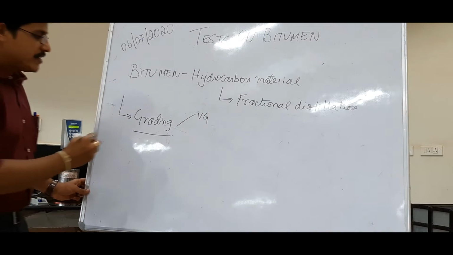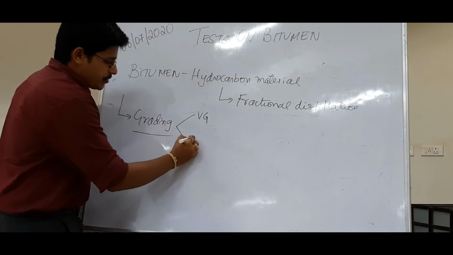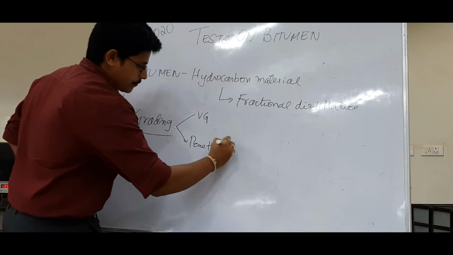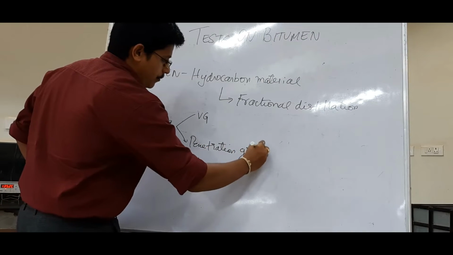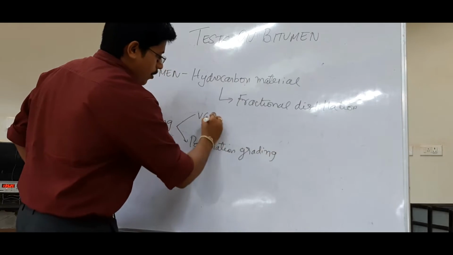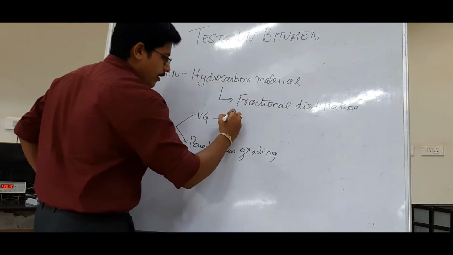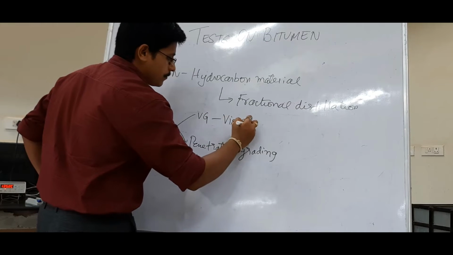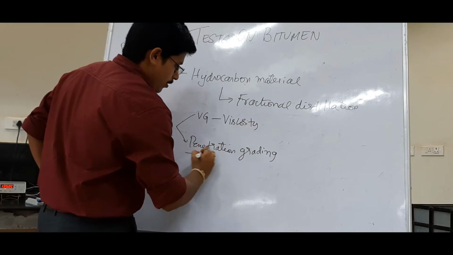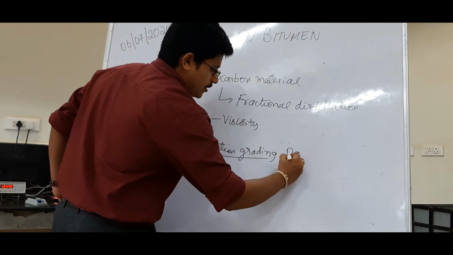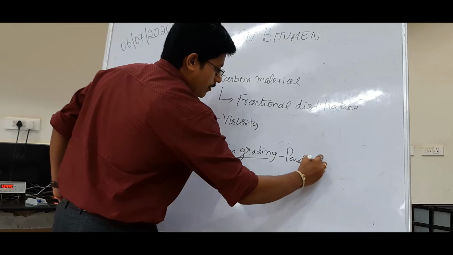Previously we used to use penetration grading. In viscosity grading, we normally use viscosity as the grading parameter. In grading through penetration, we use the value of penetration as the parameter for grading.